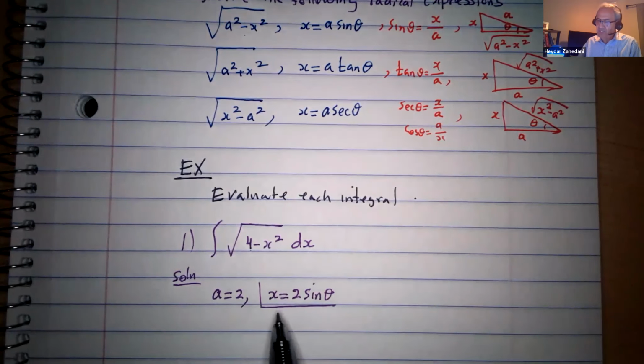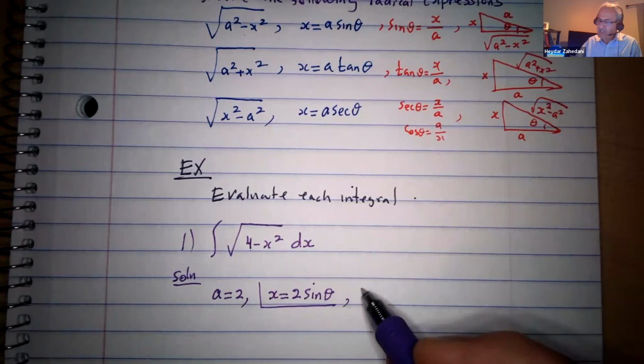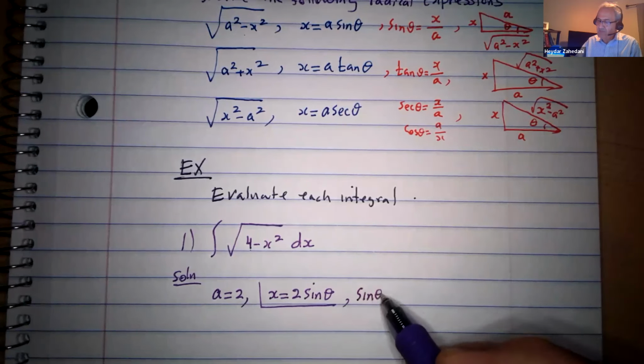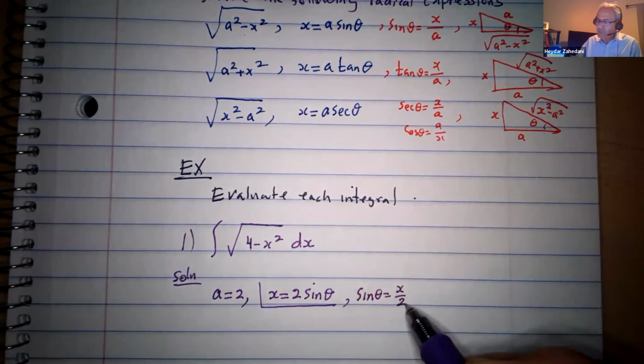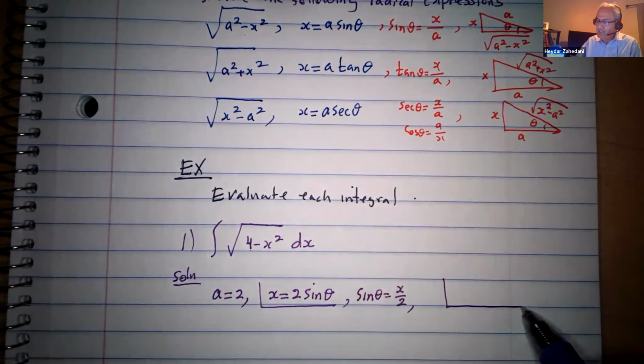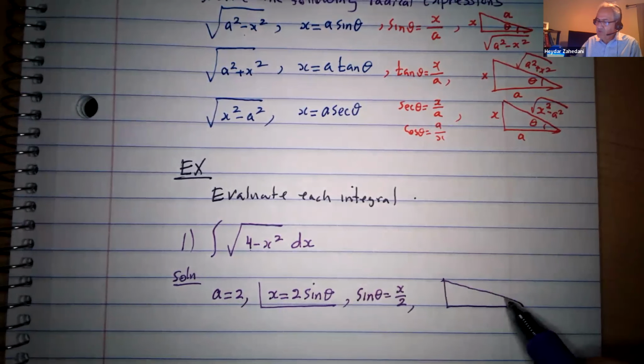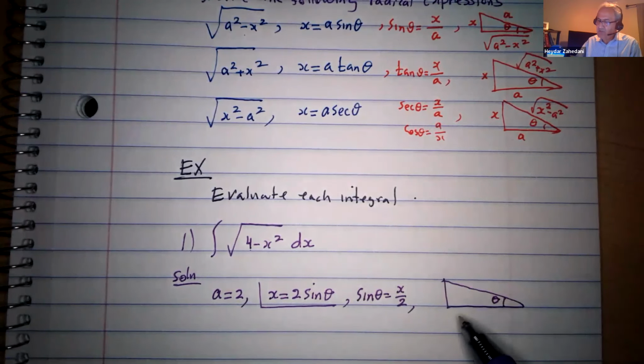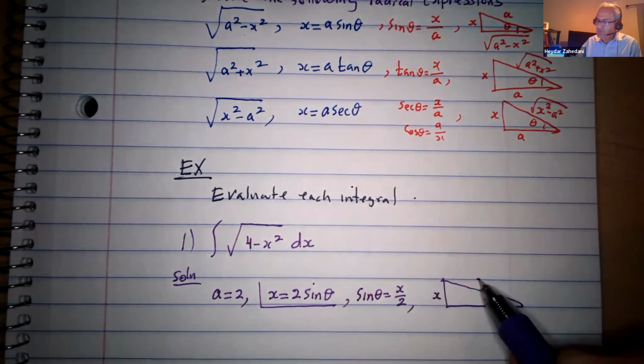So what you're going to do is, this is going to be your x. Make sure you pick the sine of theta. The sine of theta would be x over 2. Get your right triangle. This is going to be your theta. And your sine is going to be x over 2.